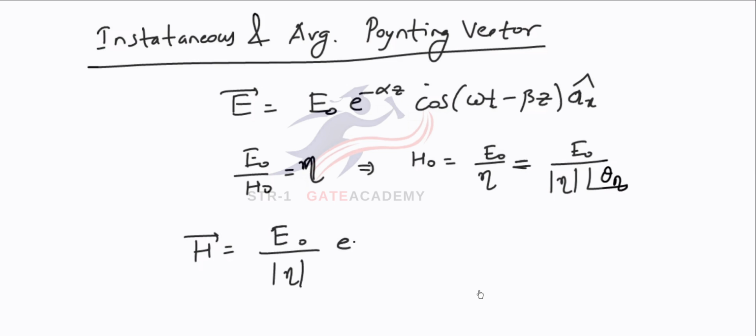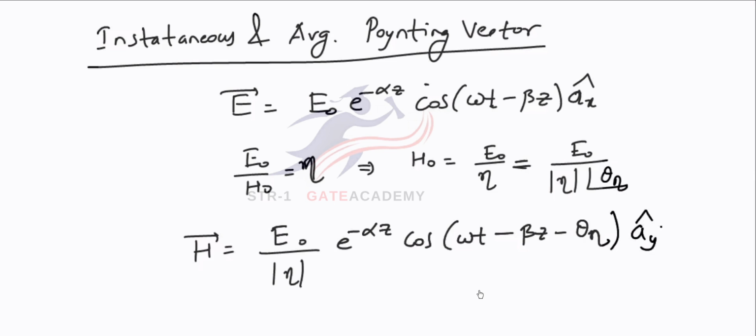So this will become e power minus alpha z cos omega t minus beta z minus theta eta, into ay vector. Magnetic field obviously will be in the y direction because wave is in the z direction and electric field is in the x direction.